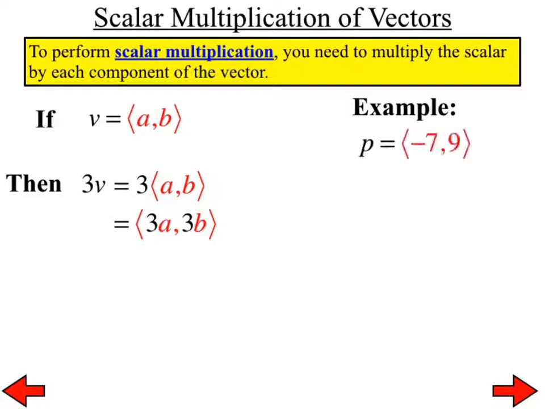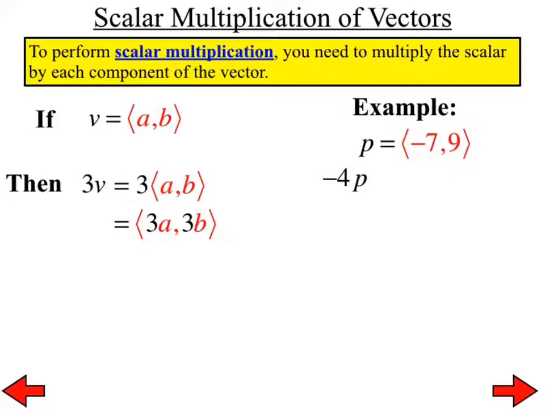So, if you have vector p in component form negative 7, 9, everybody find negative 4p. So Bianca, what would that look like then?